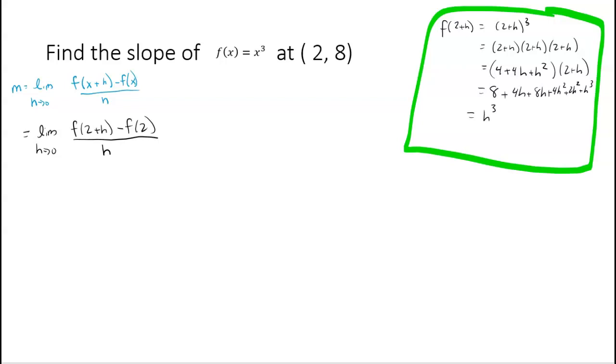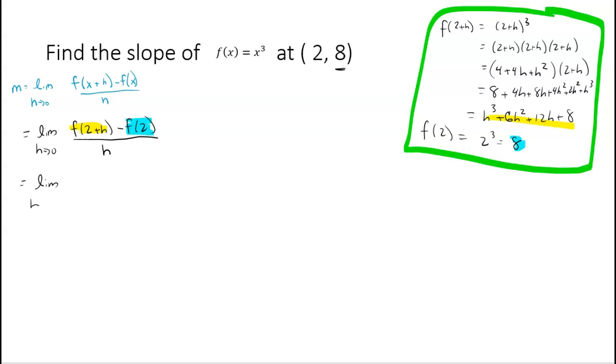I'll start with the highest degree, power 3, and then I get 6h squared plus 12h plus 8. And then f of 2 will just be 2 cubed, which gives us 8, which is what we already had. So again, I'm color coordinating it. This is going to go right here. And this is going to go right in there.